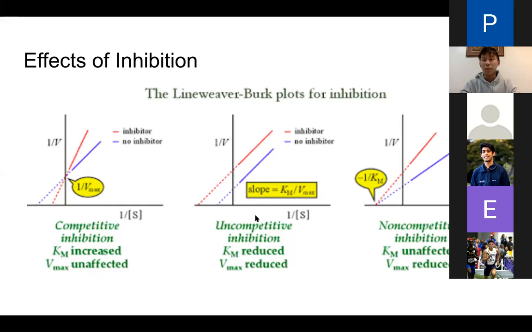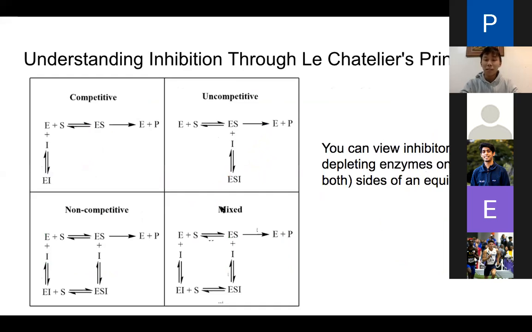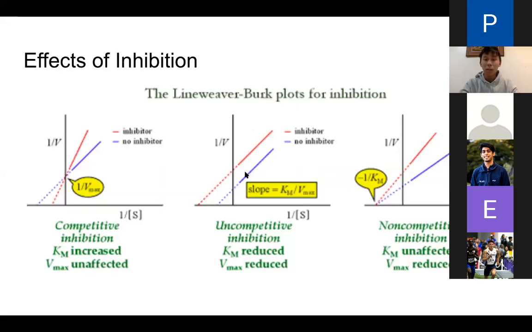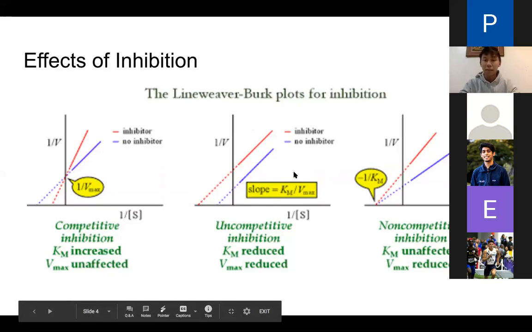But Km decreases, right? Because your affinity is increased, because by depleting this, you drive the reaction forward. So then you see effectively the plot with the inhibitor is shifted left.